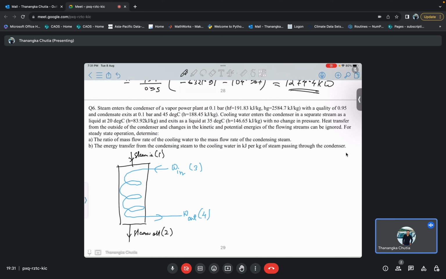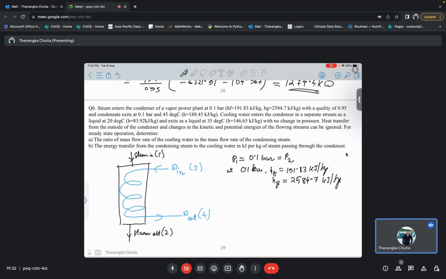Okay, so what it is telling us is that P1 is equal to 0.1 bar, and we know that constant pressure heat rejection takes place, so P1 is equal to P2. Okay, and at 0.1 bar your Hf is equal to 191.83 kilojoule per kg, and your Hg is 2584.7 kilojoule per kg.